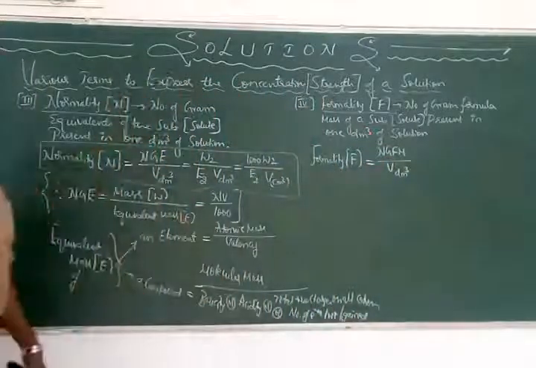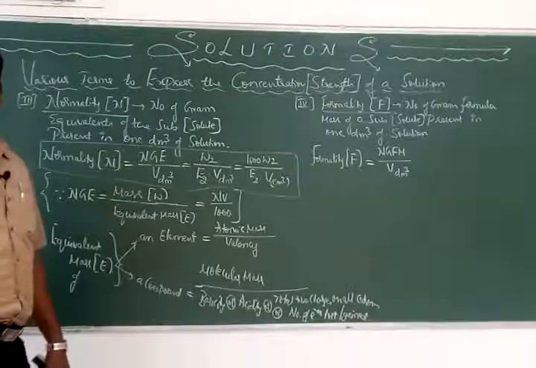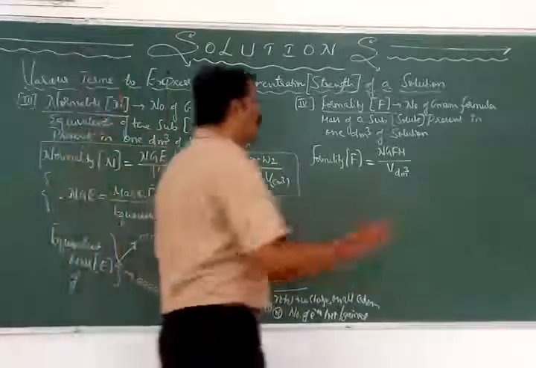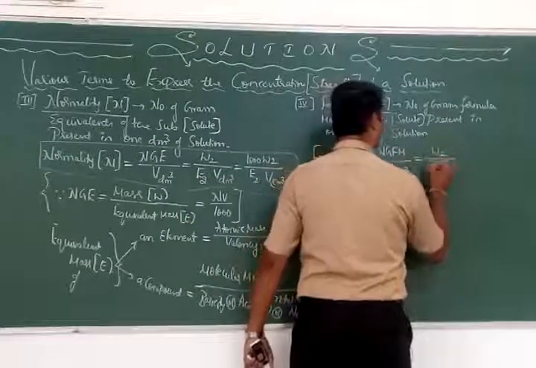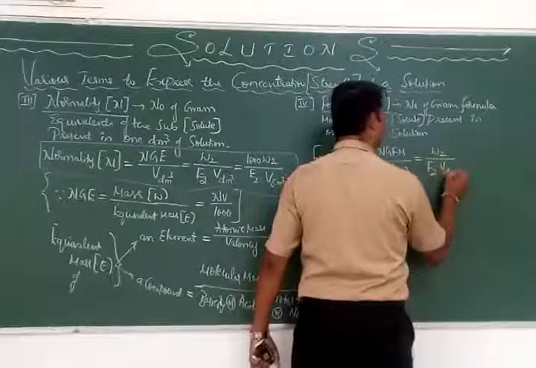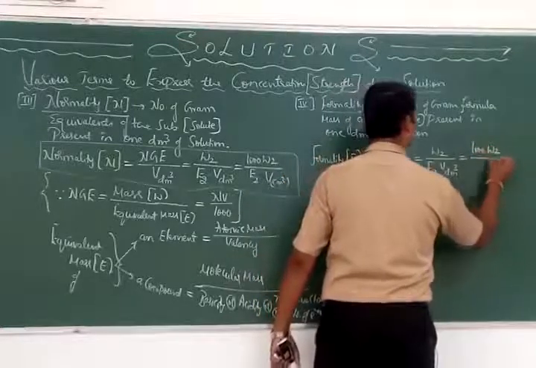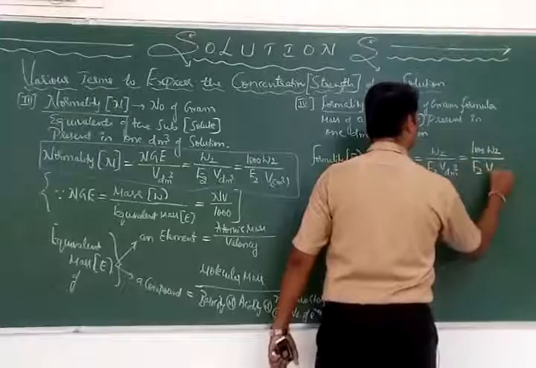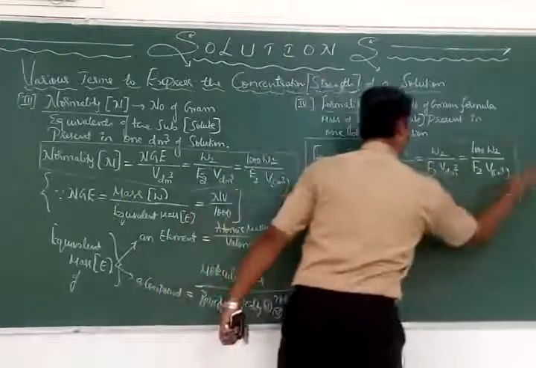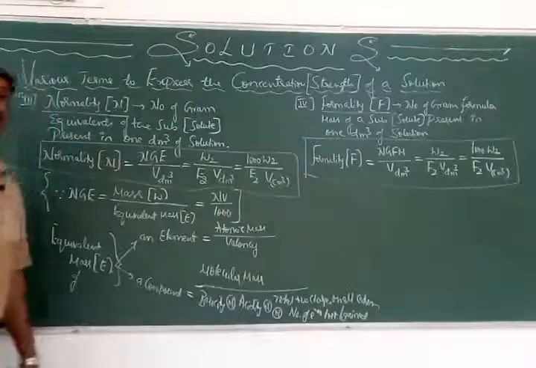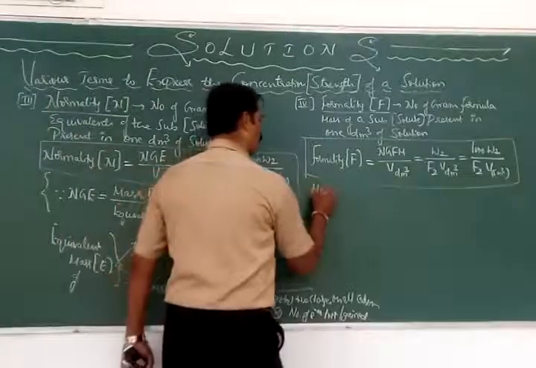NGFM means number of gram formula mass of a substance, which is also equal to W2 divided by F2 into V expressed in dm cube, which is also equal to 1000 W2 divided by F2 into V expressed in cm cube. So these are the 3 different formulas where we can expect the formality.